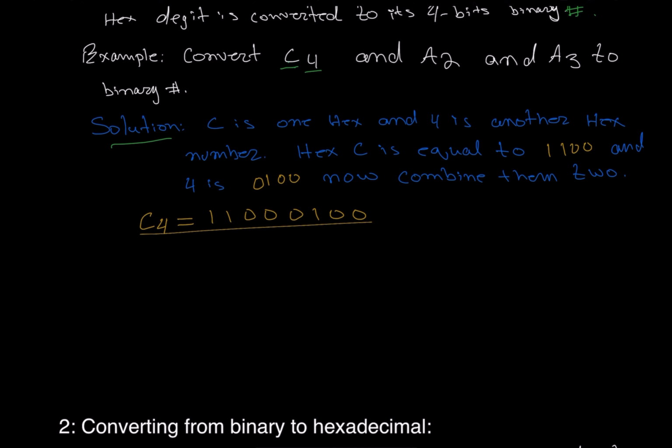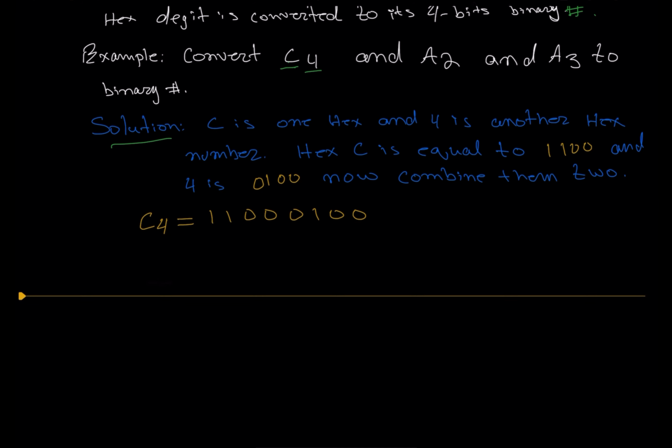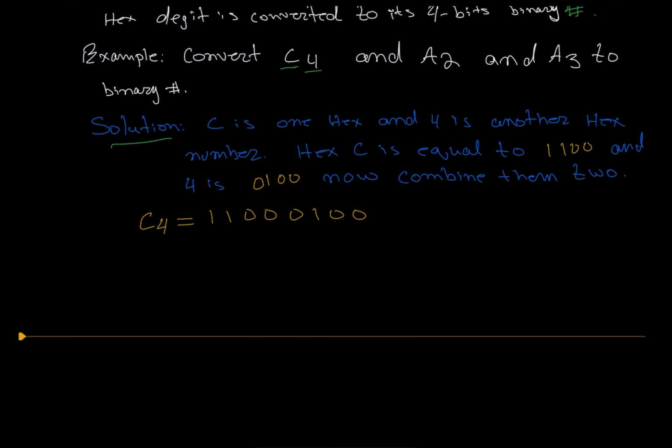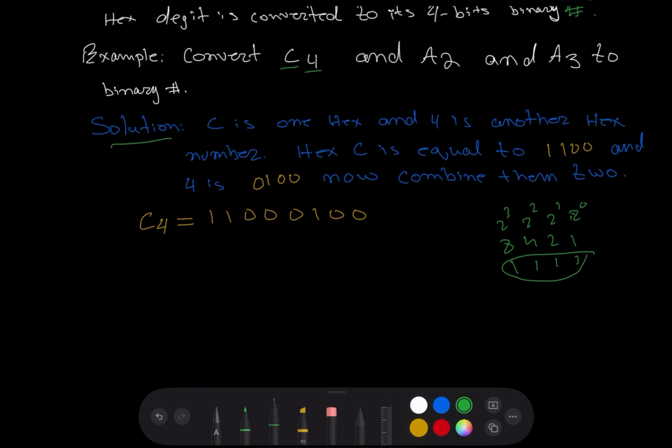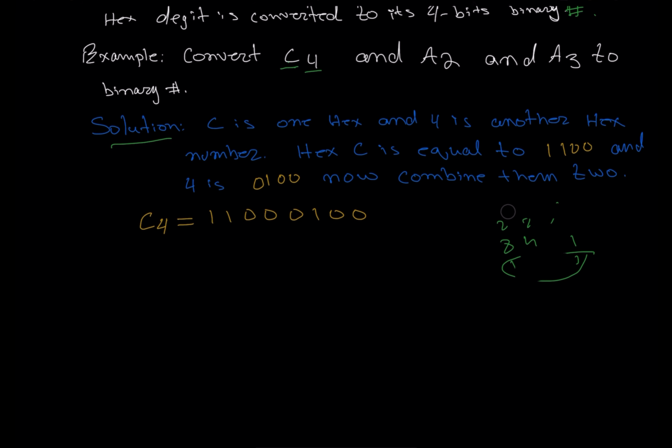Just to recap, how do we know that's the binary number? Because we have 2 to the 0, 2 to the 1, 2 to the 2, 2 to the 3. The fourth digit of the binary number is 8, then 4, then 2, then 1. So if you have all 1s, that becomes 15: 8 and 4 is 12, and 2 is 14, and 1 is 15. That's how we find our binary number system there.